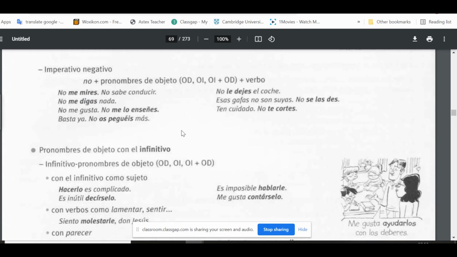Exactly. So all the object pronouns or reflexive pronouns go before the verb in this situation. Don't let him the car: no le dejes el coche. Don't give them to him: no se las des. Yeah? Exactly.